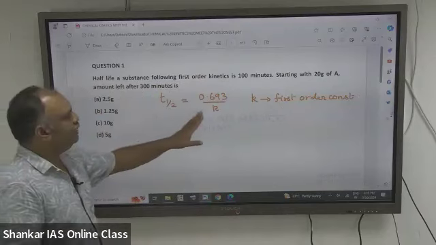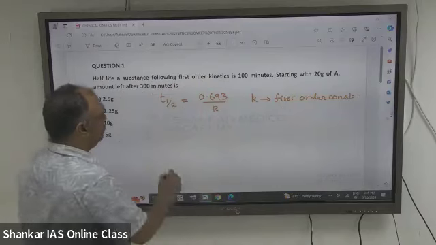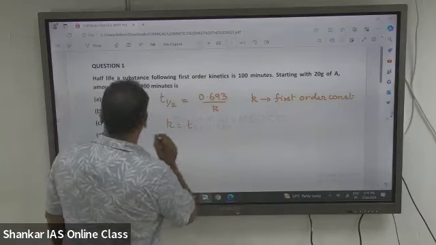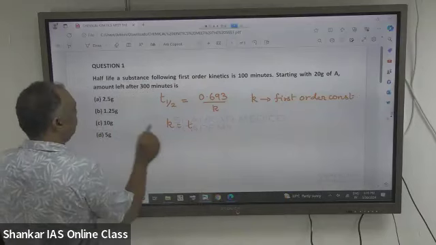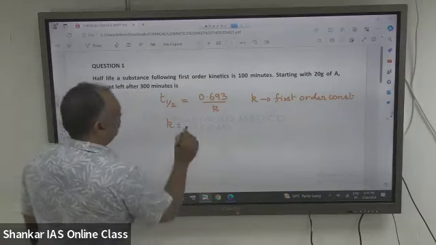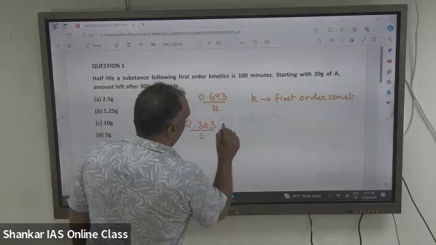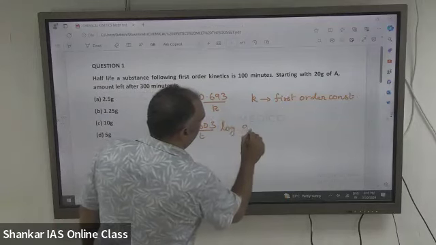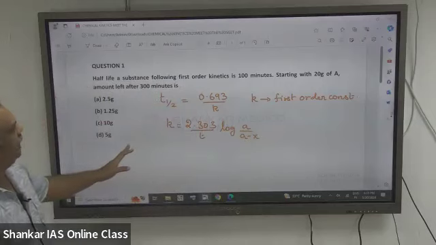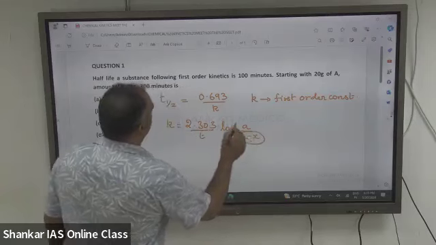They find out the rate constant using this equation, and then using this equation, K = 2.303 by T log of A by A minus X, they find out the amount left, that is A minus X.